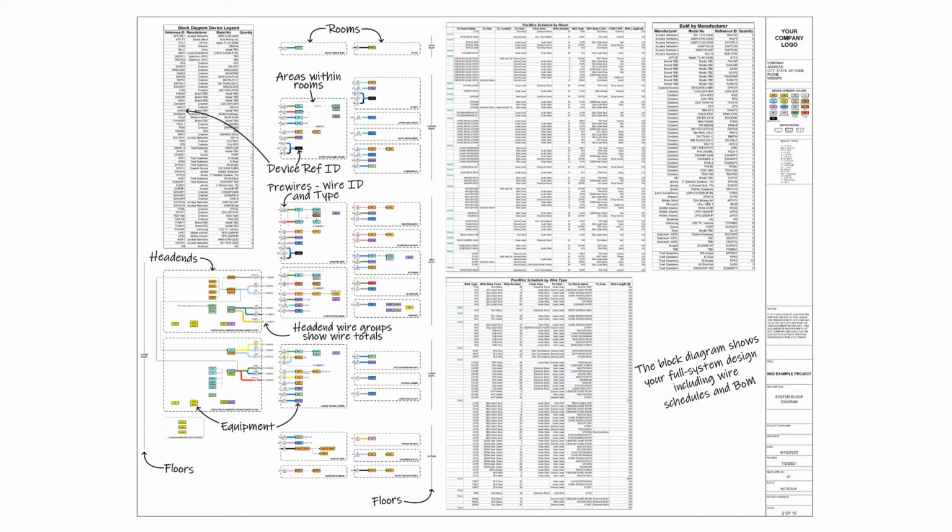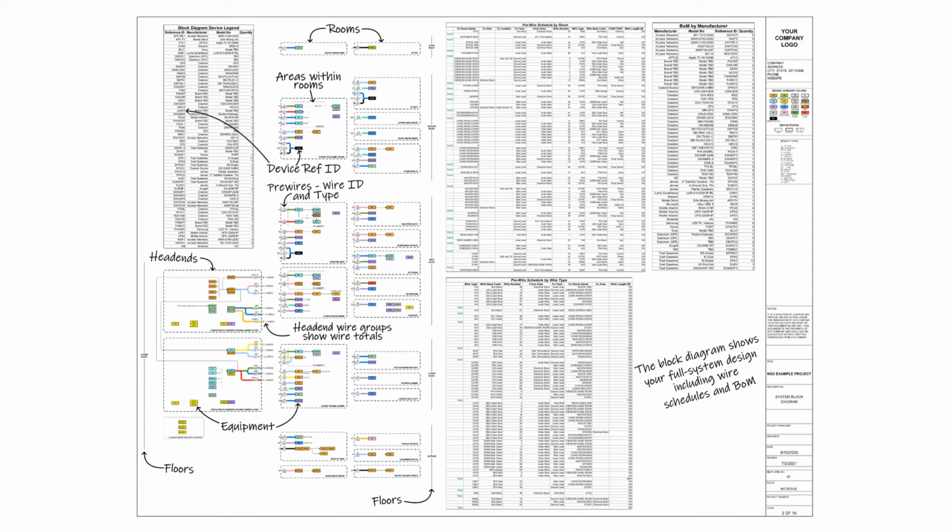All rooms on the right, head ends on the left, and floor identification bars on each side of the diagram. Broken lines define each room and head end area, and the floor bars identify which floors the head ends and rooms are on.